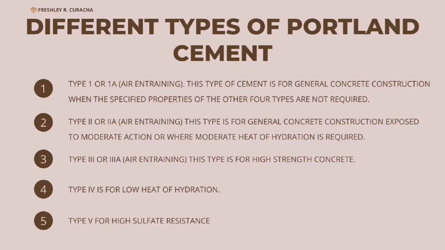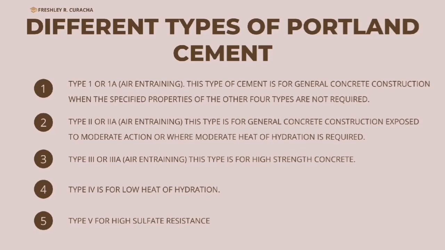So last but not the least is type 5 for high sulfate resistance. This is almost similar to type 2 except that it is even more tolerant to the attack of sulfate ions. This is achieved by reducing the C3A percentage even lower, to 5%. So, it is suitable for buried concrete structures where the soil or groundwater is rich in sulfate ions.